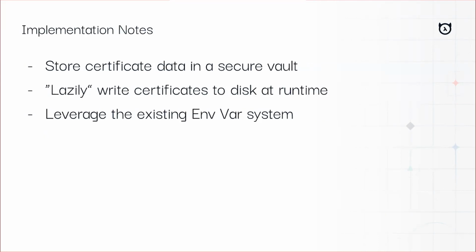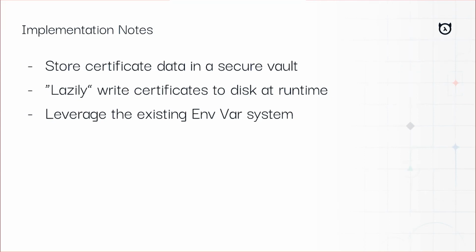The way we did that was taking advantage of the existing environment variables system that we use on cloud, which, despite the name, are not technically environment variables like you would have in an ordinary Unix system. They're not system-wide. They're actually entries in a HashiCorp vault that is per project.